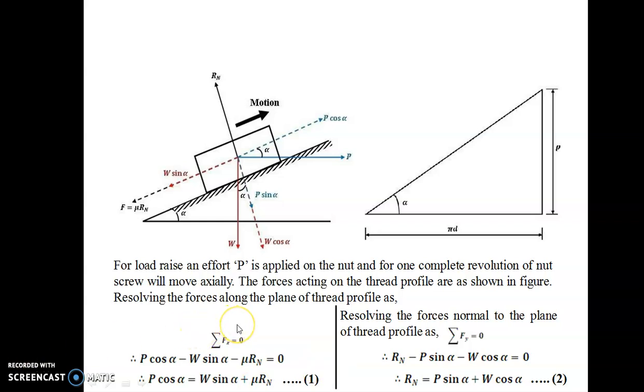Now, according to the equilibrium law, summation of all the forces in x direction equal to 0, that is summation Fx equal to 0, and according to the force diagram, we can see we will take rightward forces positive and leftward forces negative.